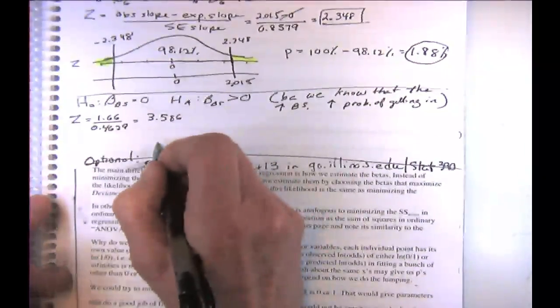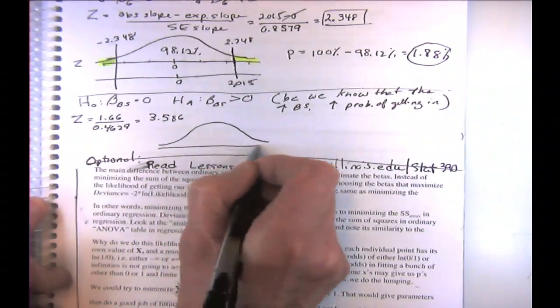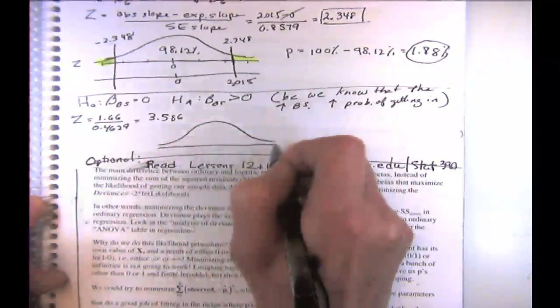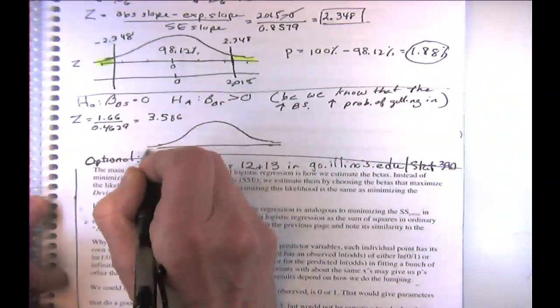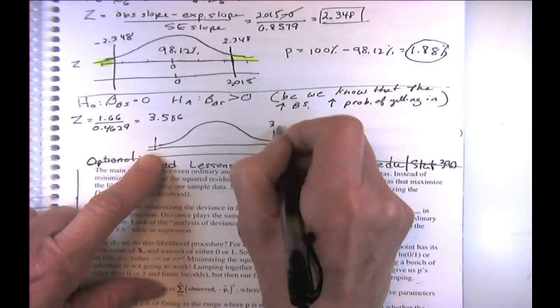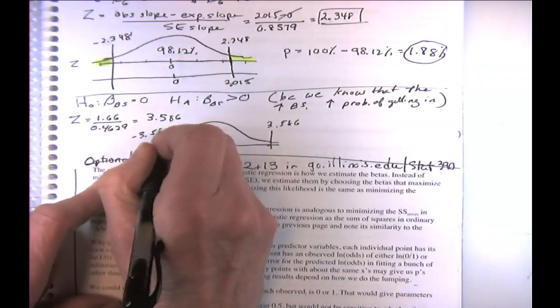And then we do the same thing. Now we're going to get a much stronger effect between 3.586 and negative 3.586.